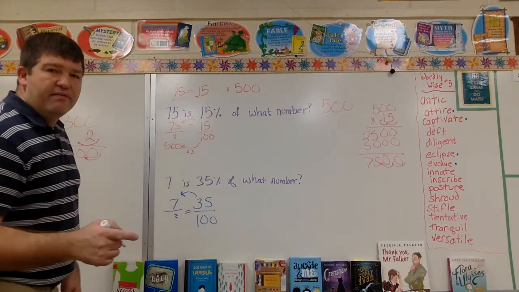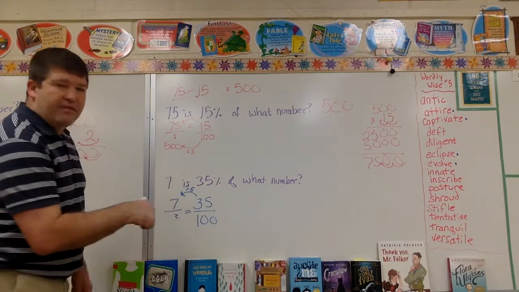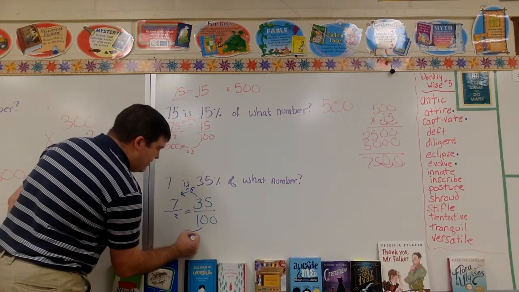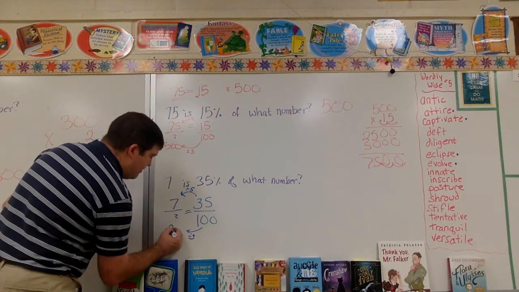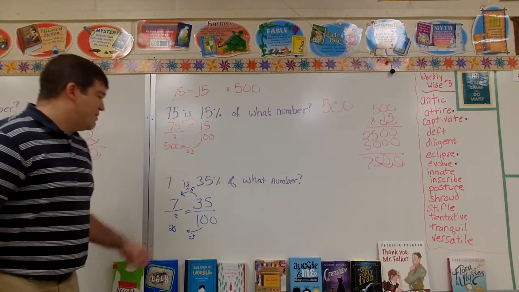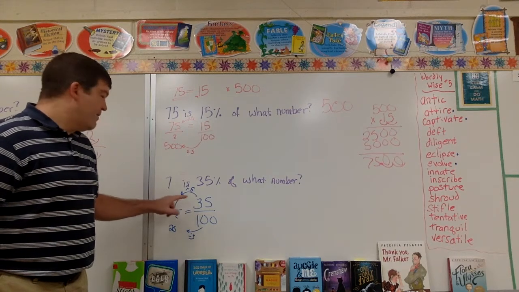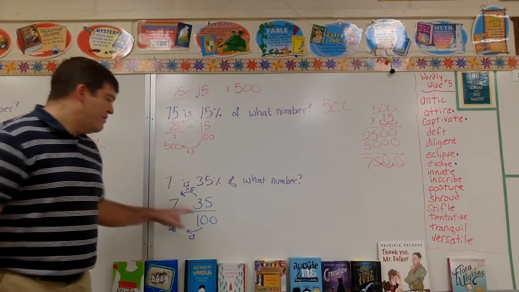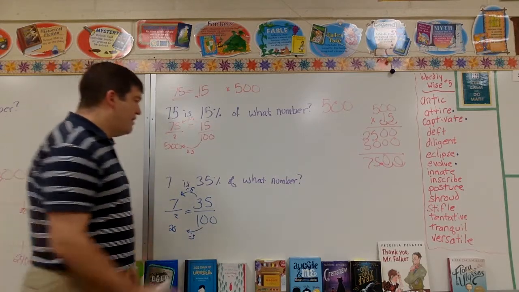So 35 divided by 5 gets me 7. 100, doing the same thing on the top and the bottom, 100 divided by 5 is 20. So if I have 35% of a number, I have 7. If I have 100% of a number, it's 20. So I think this is 20.